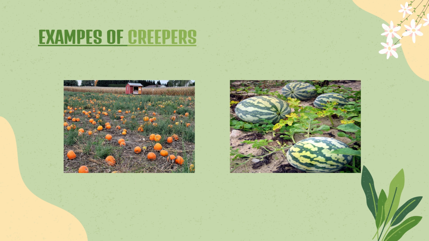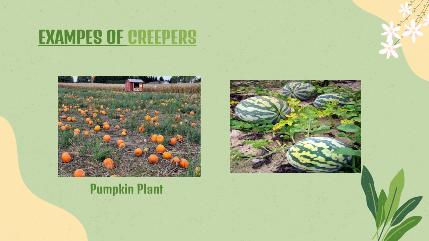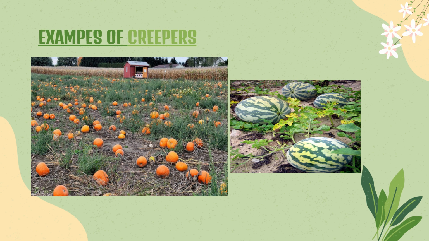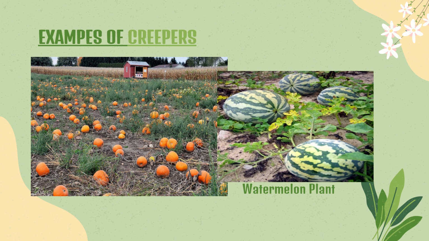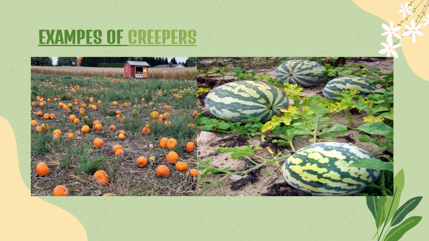See, here is a pumpkin plant. It has so many branches. It has a weak stem. It is also very long, but it cannot stand upright because it carries a very heavy fruit or vegetable along with it. See, other example is watermelon plant. It is also a plant which is spread over the ground.